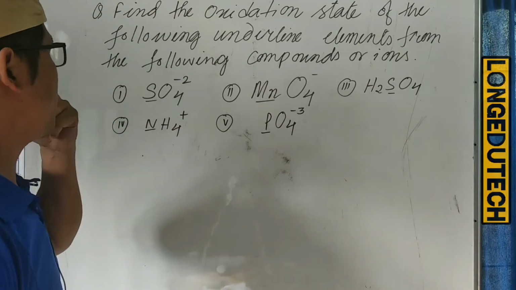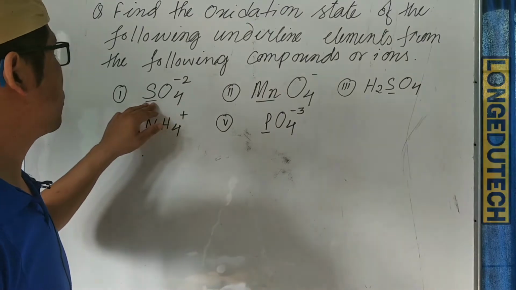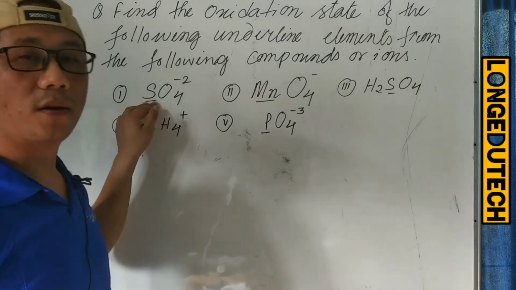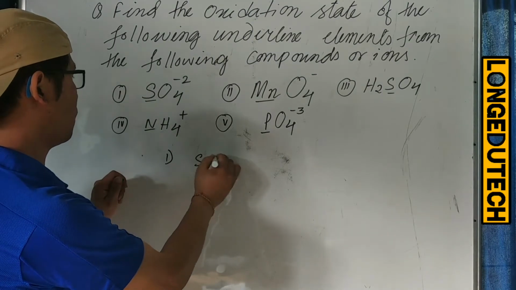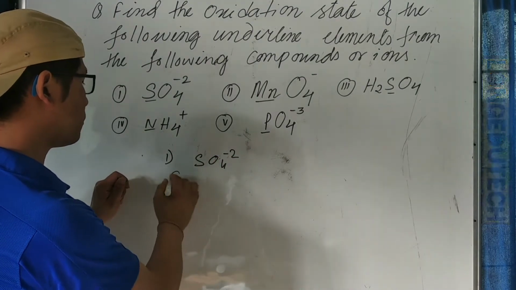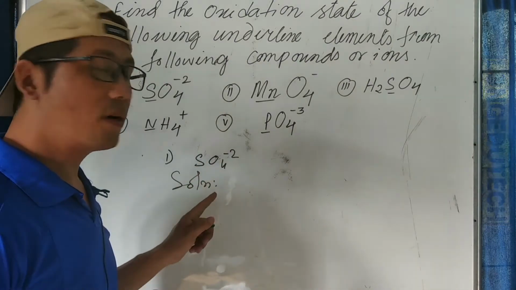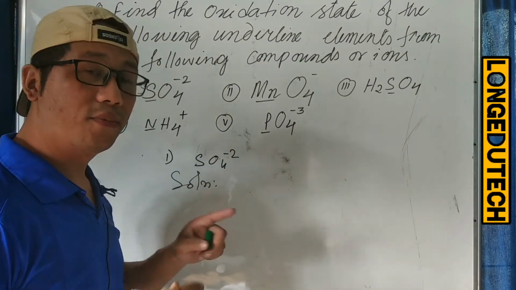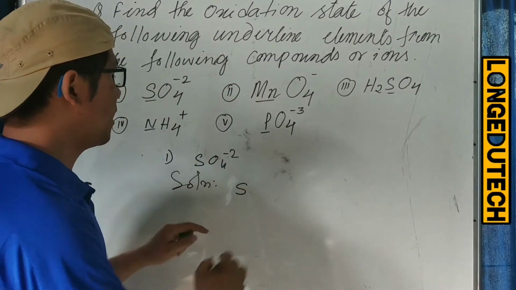First of all, here I underline the sulfate ion. We are going to find out the oxidation state of sulfur in the sulfate ion, SO4 2-. Solution: for the sulfur you can take X, or you can write S plus.